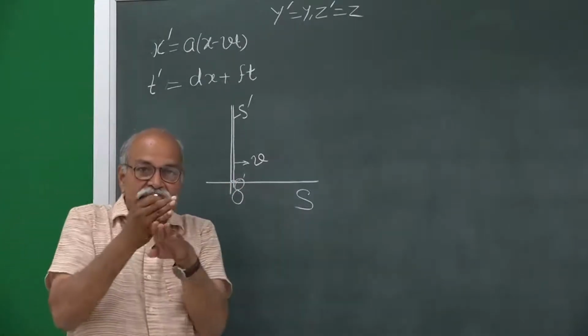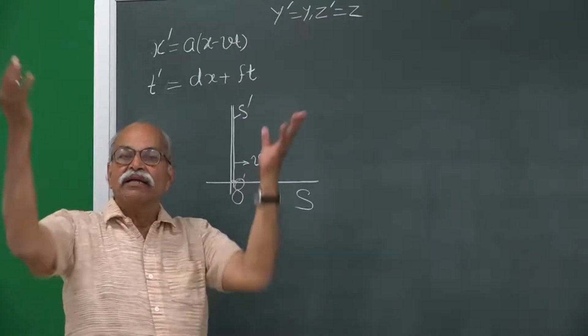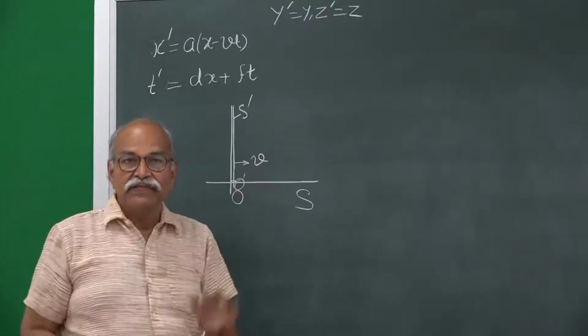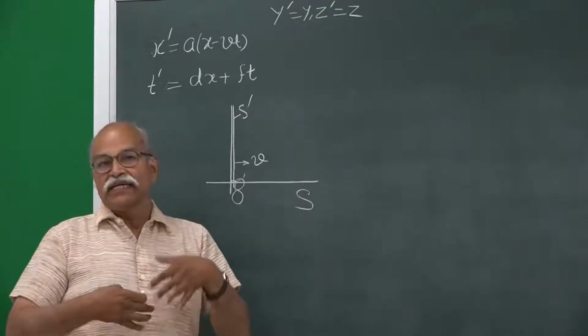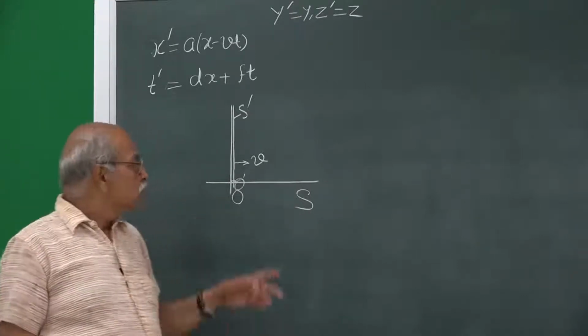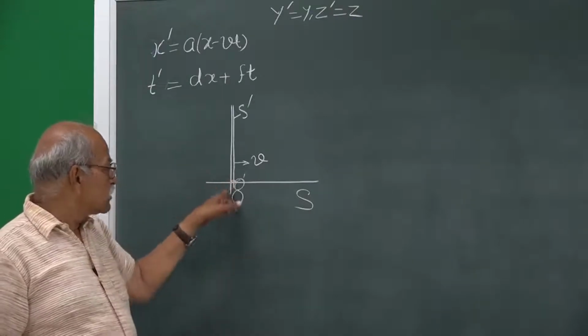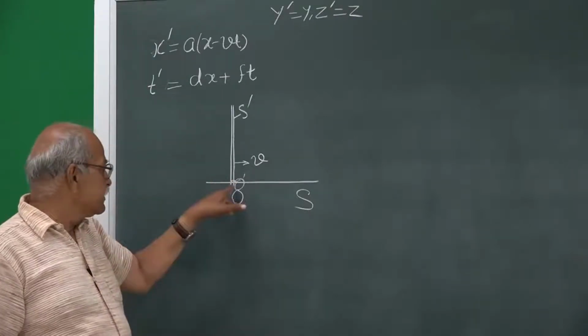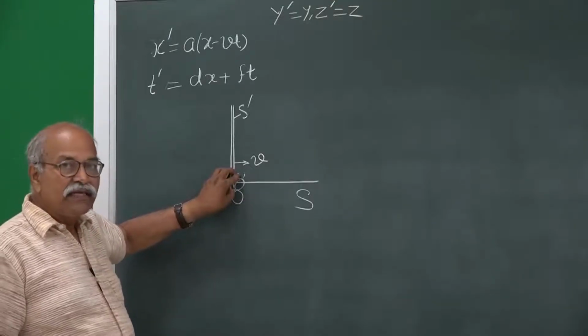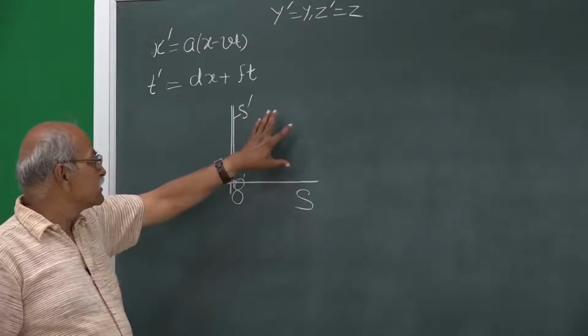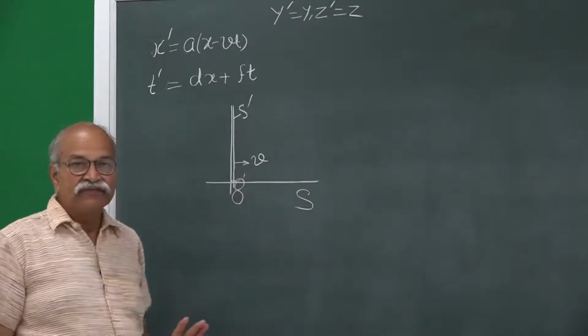At that instant, some electromagnetic radiation pulse, a very short pulse, is generated, and then it goes this side, this side, all sides.